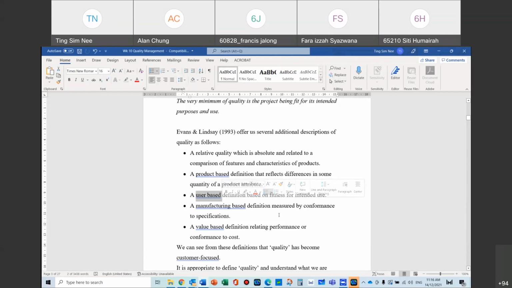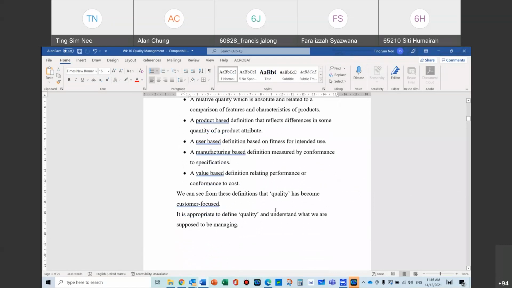And then manufacturing based, meaning conformance to certain specifications. Manufacturing is usually that kind of definition. There's another one that's value based, which relates to performance, how well it is performing and all that. So there are many different types of definition.